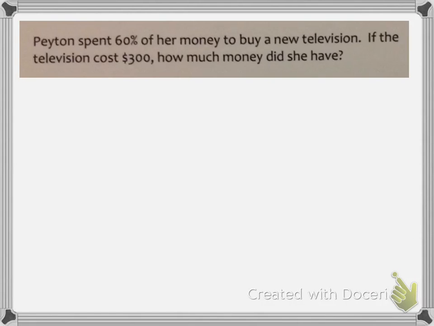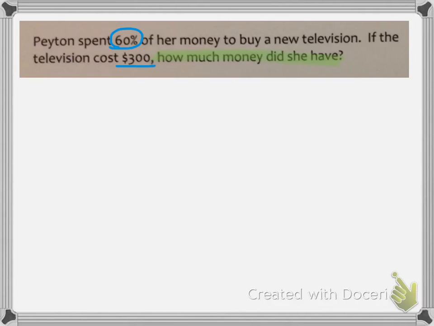Peyton spent 60% of her money to buy a new television. If the television cost $300, how much money did she have? So I'm going to highlight my question, how much money did she have? And then I'm going to circle or underline the important information in the problem. She spent 60% of her money, and the television cost $300.